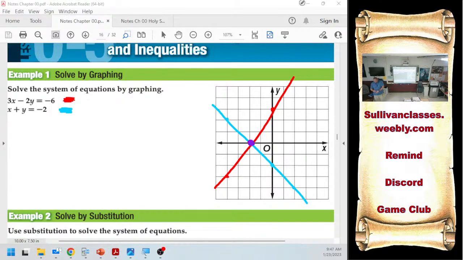It's the graph of the equation of what? Okay. We're forgetting our training from Algebra 1. It's the solutions. Everything on the blue line is going to make this equation true. Everything on the red line makes this equation true. So what is the green dot? Where they're both true. The intersection is where they are both going to be true.